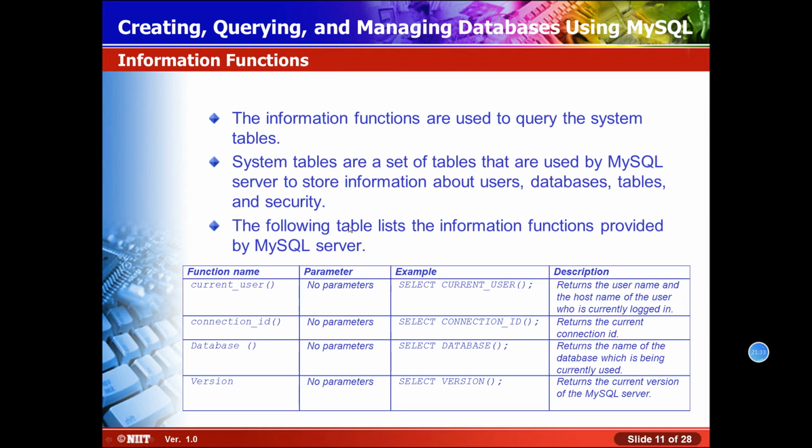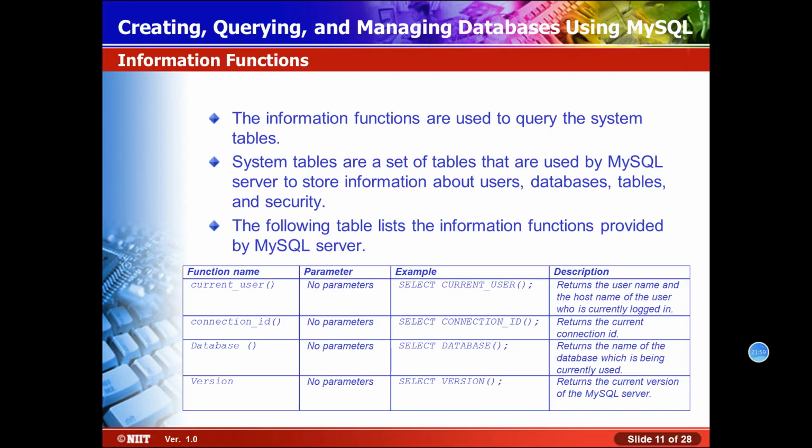The next type of function is the information function. Now these functions will give you some information about your MySQL, about the user of your SQL, about the database, and so on. And you have to remember these by heart. So first is current user. I want to find out who is the user of my MySQL.